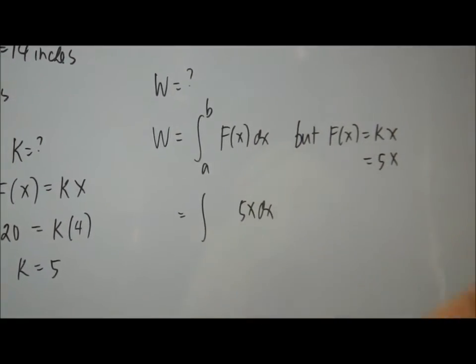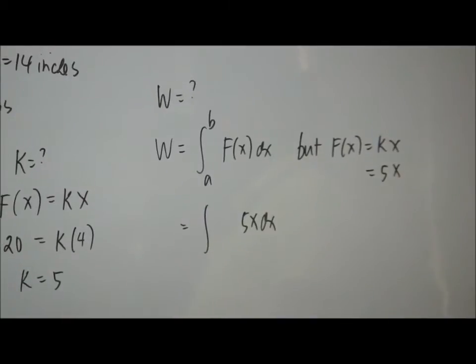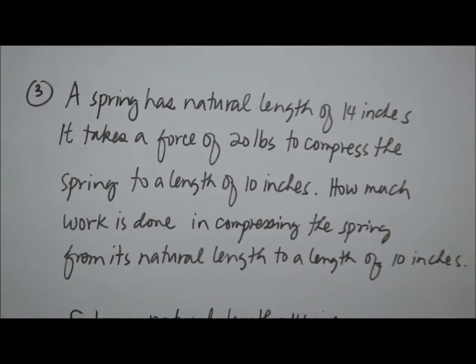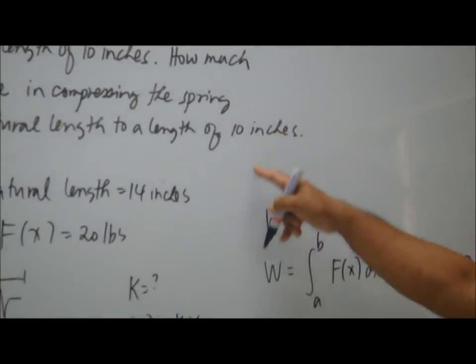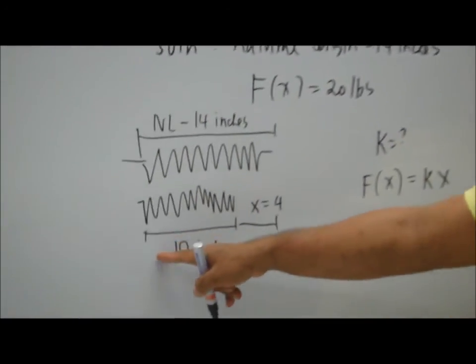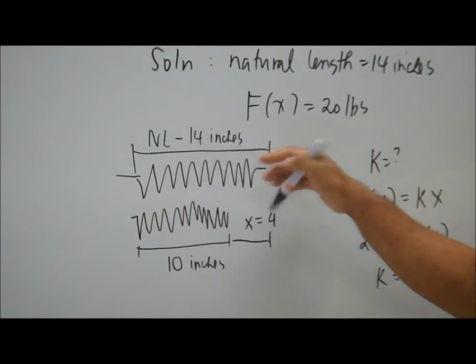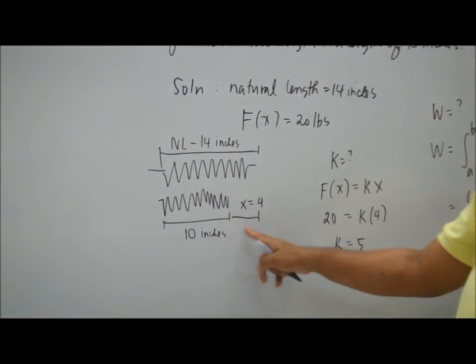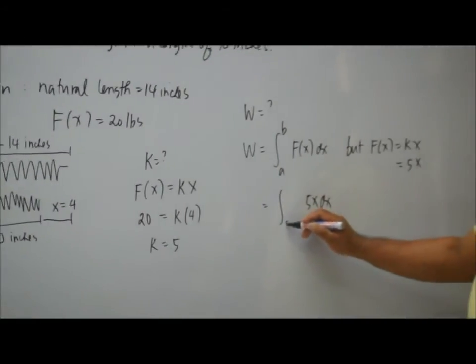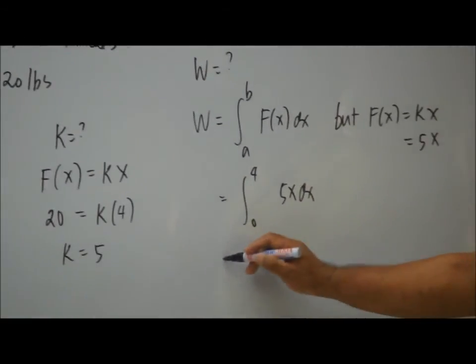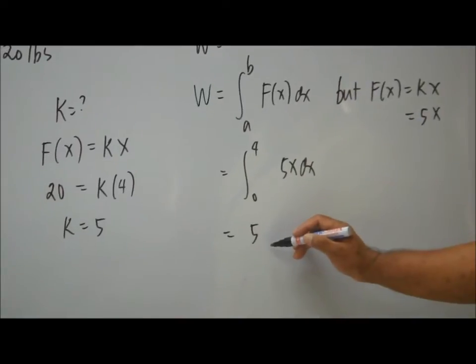So what will then be the limits? It says here how much work is done in compressing this spring from its natural length to a length of 10 inches. So this is the required, right? The work done to compress the spring from its natural length, which is 14, to 10 inches. So therefore, the limits will be from 0 to 4, okay? And with that, let us have this as 5.